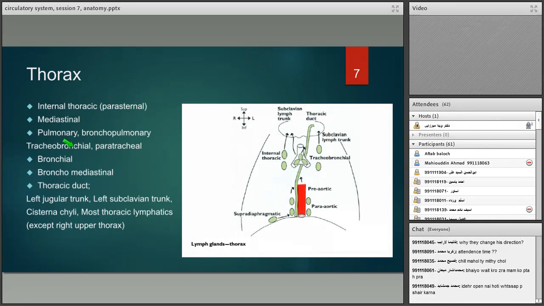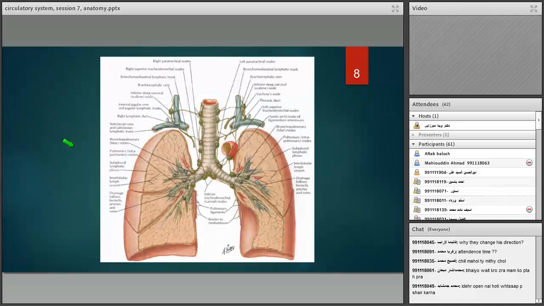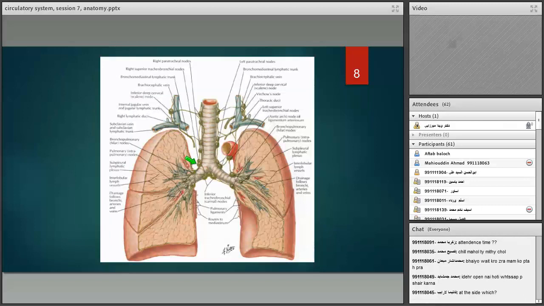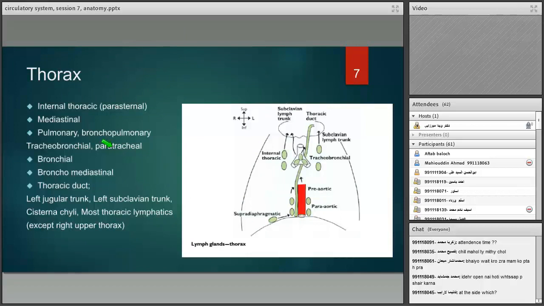After that, we have the tracheobronchial nodes. Look at here. At the side of the tracheal bifurcation, we have the tracheobronchial nodes, inferior tracheobronchial and superior tracheobronchial nodes. After that, the lymph will drain into paratracheal nodes at both sides, right and left.